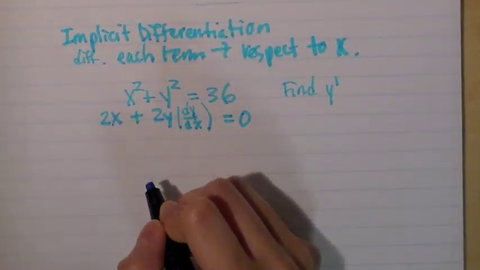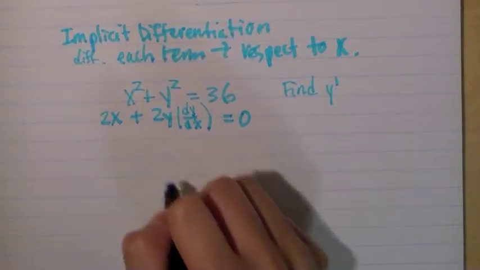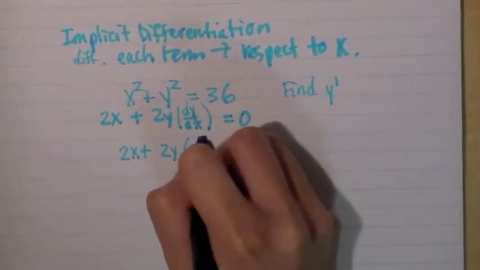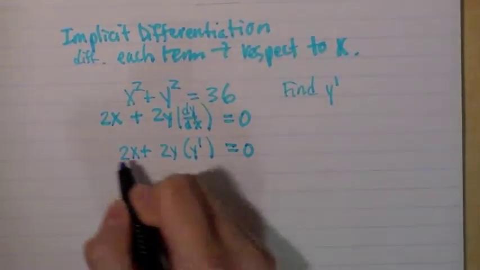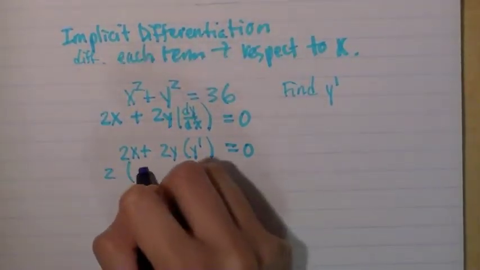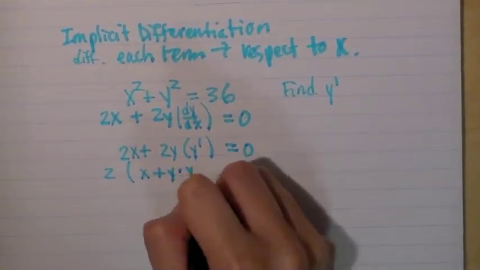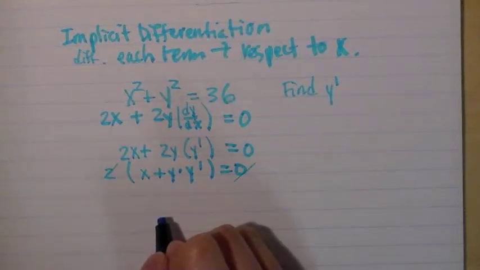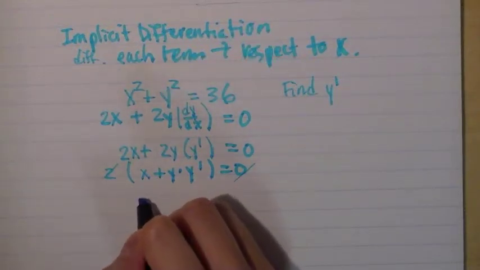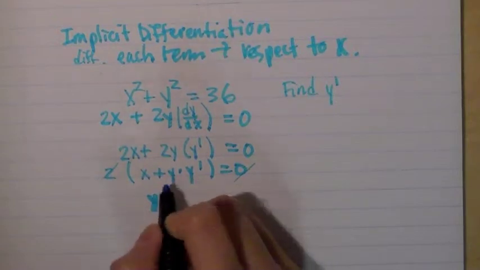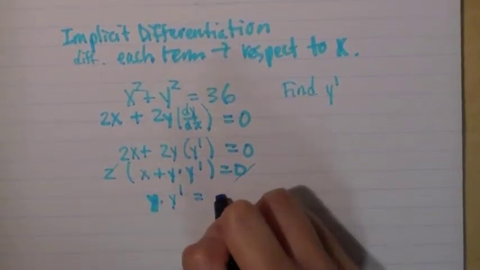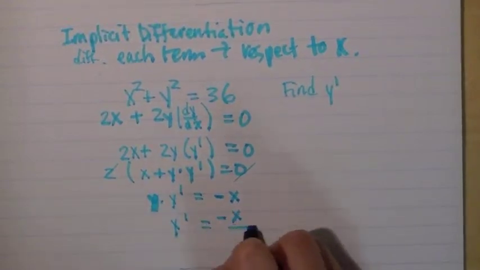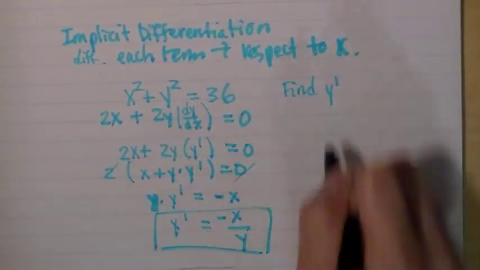Then you solve this out: 2x plus 2y y prime equals 0, take out the 2, and you get y times y prime is negative x, so y prime is negative x over y. And that is your y prime.